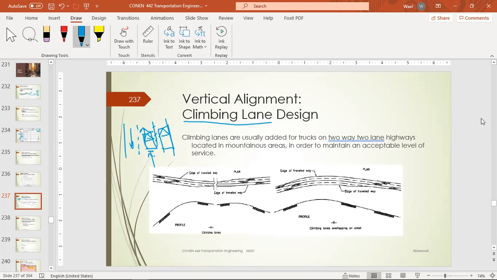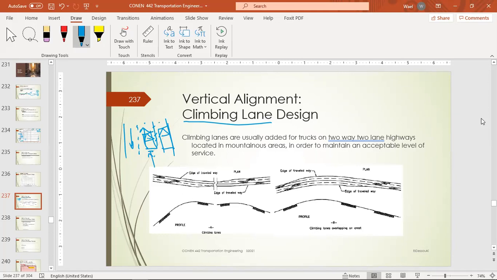If any one of you drove on the Al-Aqaba in the south up to Abha, you will find if you are going uphill, there are two lanes at some point. These are climbing lanes. So that's the main lane for the traffic, and the other lane is the climbing lane for trucks.